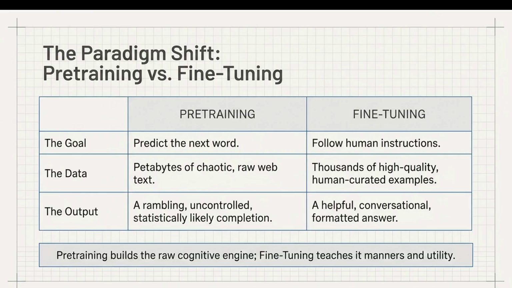The goal of pre-training is predicting the next word; fine-tuning is following the human instructions, the instructions which we give. Pre-training uses petabytes of chaotic raw web text.